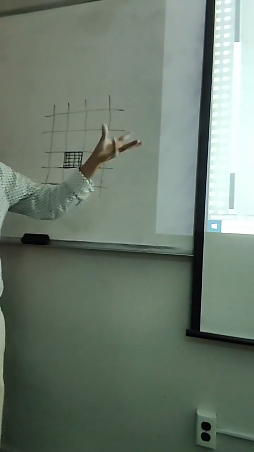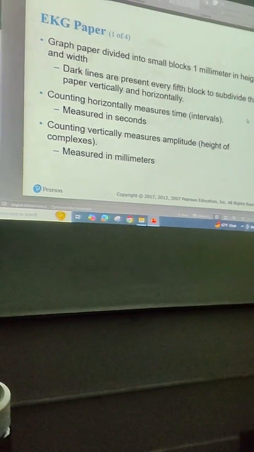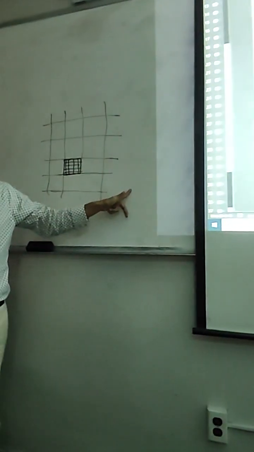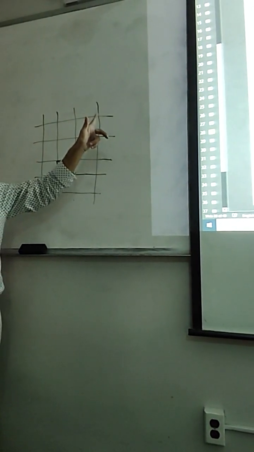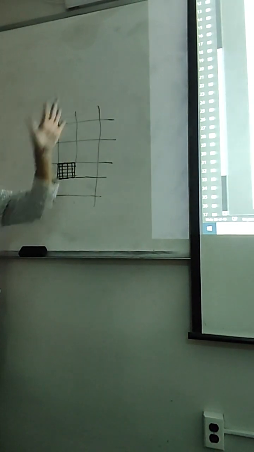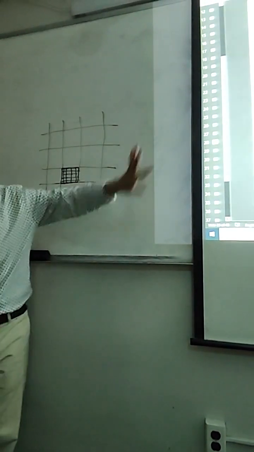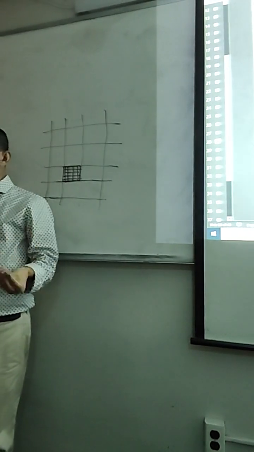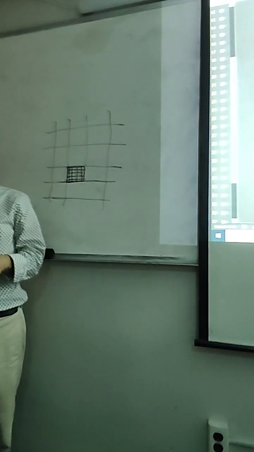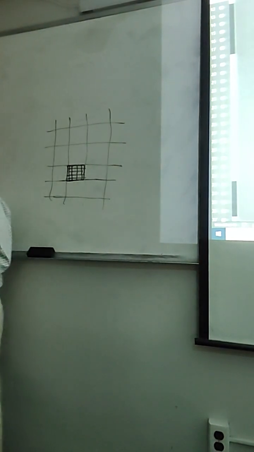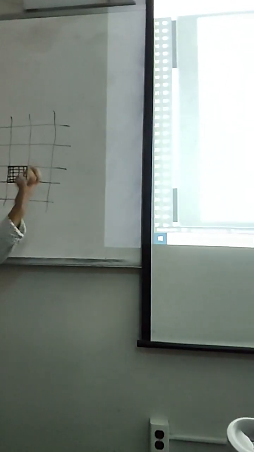Now, what I want to tell you is that the horizontal lines measure time in seconds, and the vertical lines measure voltage, in millimeters. It's important that you know the horizontal lines measure time, because we're going to measure the rhythm and the rate of an EKG with time.